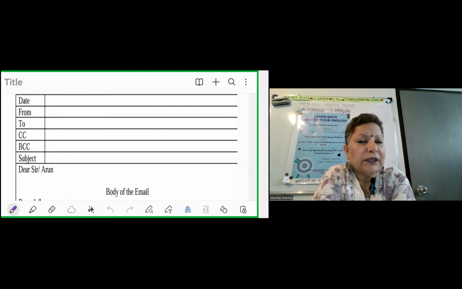But in this particular case, you are not going to write anything on the right hand side in front of CC or BCC. You are just going to fill up the date, the from, the to, and finally the subject.